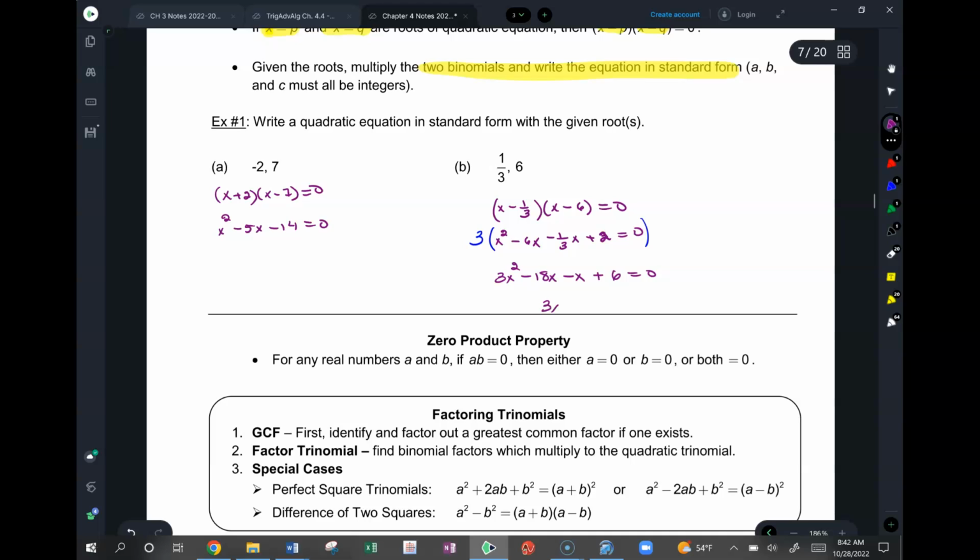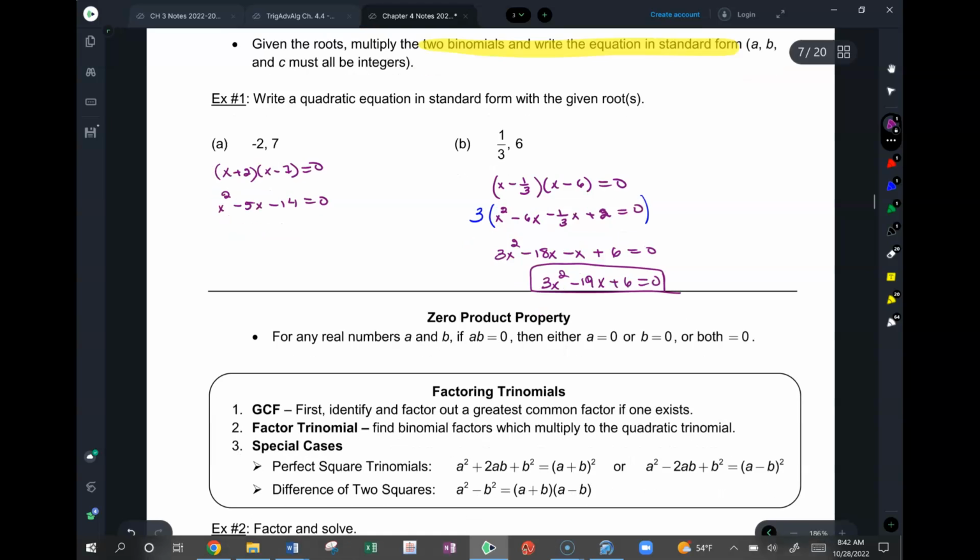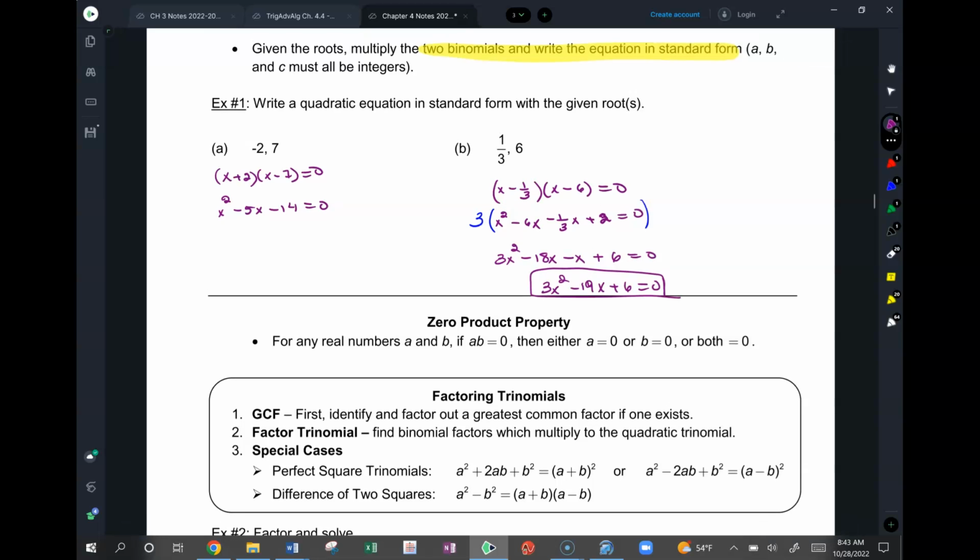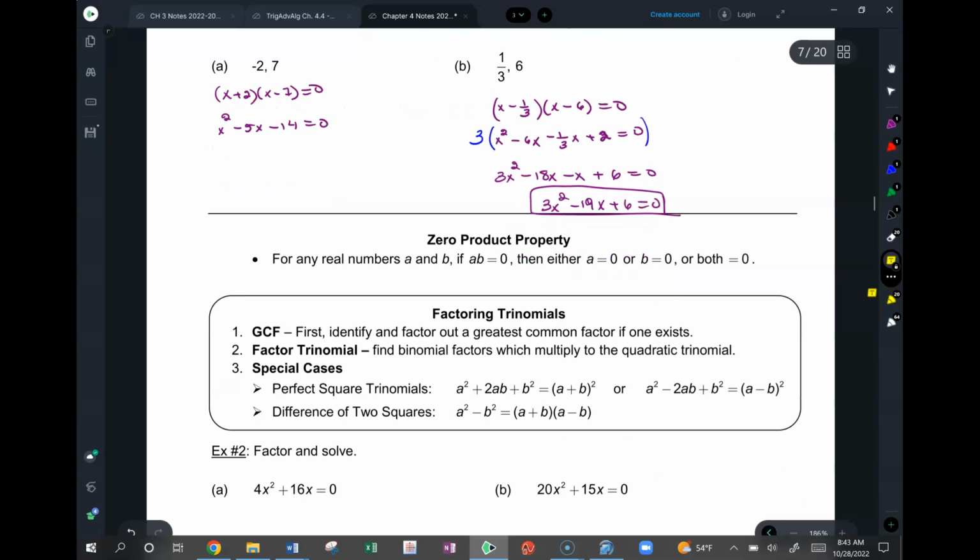And then finally, 3x squared minus 19x plus 6 equal to 0, right? So remember here, A, B, and C have to be integers for the standard form. Cool? All right.